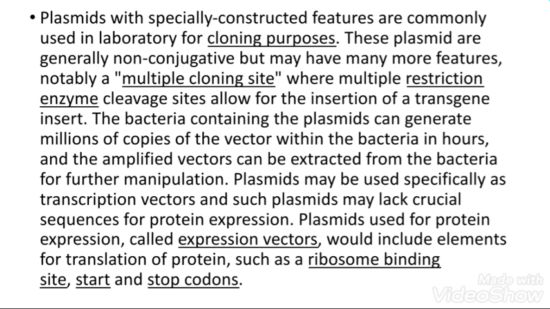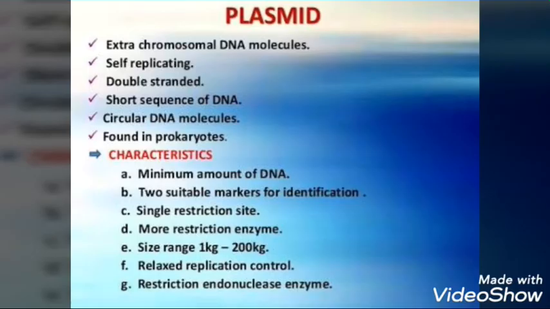So they have the cloning purpose, multiple cloning sites, and restriction enzyme cleavage sites. These are the important points about plasmids. In examinations, a 4-mark question may ask you to write short notes on plasmids; you write these points and also mention the vector characteristics.